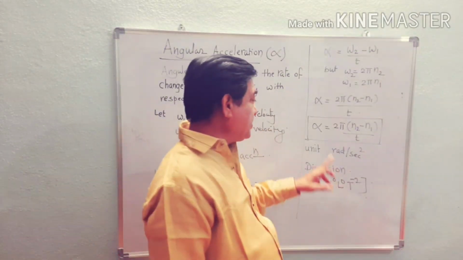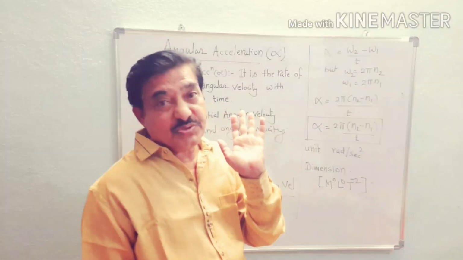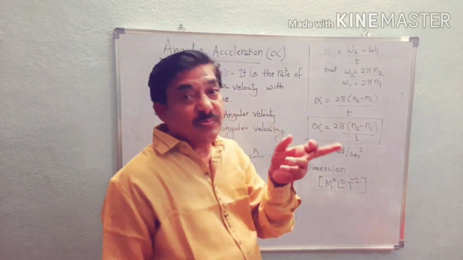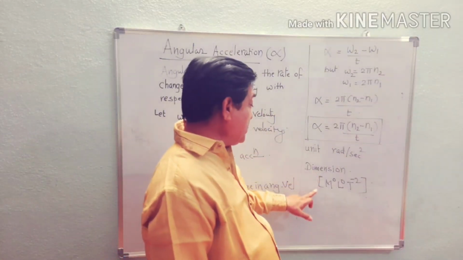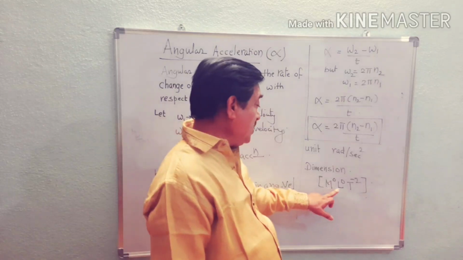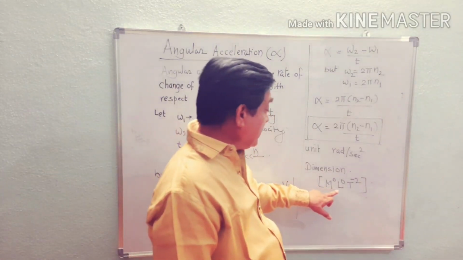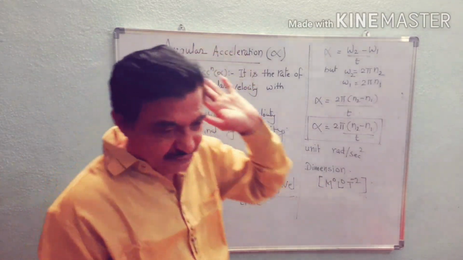So its dimensions will be m to the power 0, l to the power 0, t to the power 0, per second square, this will be t to the power 2. So its dimensions will be m to the power 0, l to the power 0, t to the power minus 2. So these are the dimensions of angular acceleration alpha.